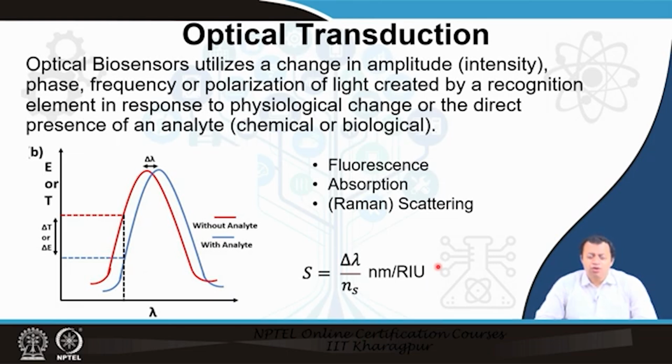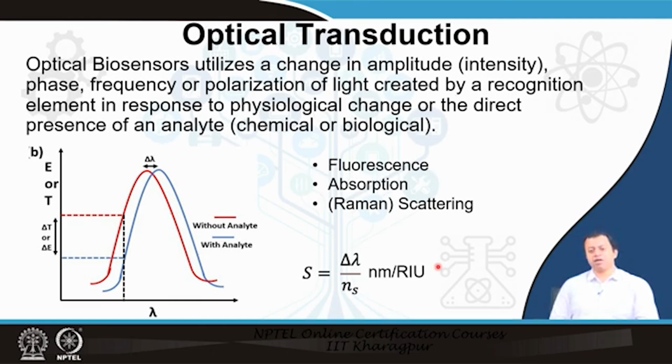Absorption. The optical material was absorbing at a particular frequency. Now the absorption has increased or decreased or has shifted to a different wavelength. And scattering, Raman scattering, of course, I do not need to explain Raman scattering, we have discussed this pretty well.